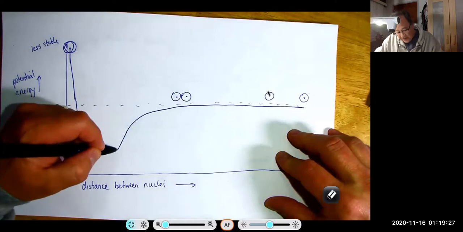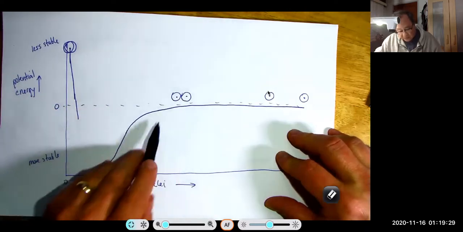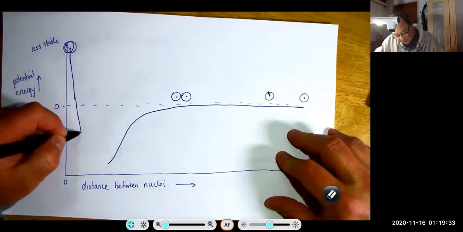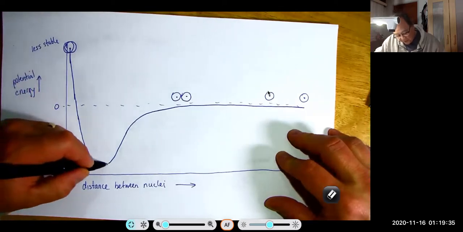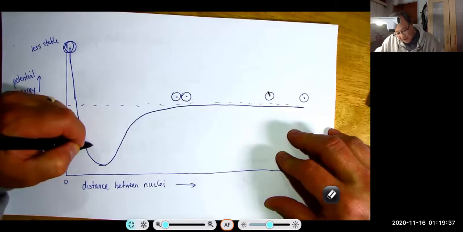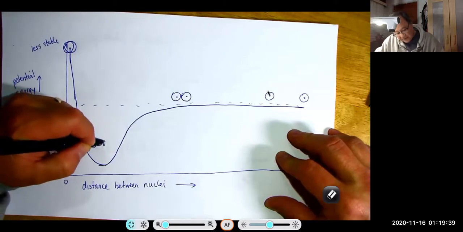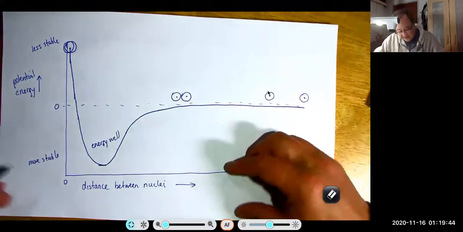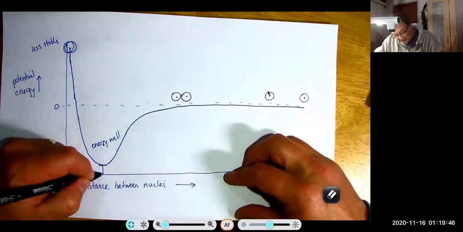Now, when you have the maximum of the attractive forces and a minimum of these repulsive forces, you reach what we often call an energy well, because it looks sort of like a well if you think about a hole in the ground. And this distance right here is the bond length.